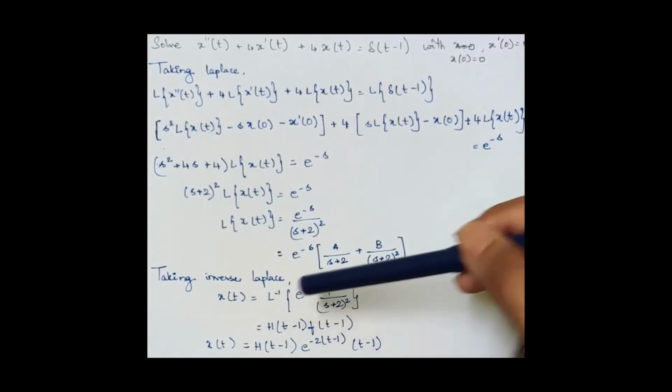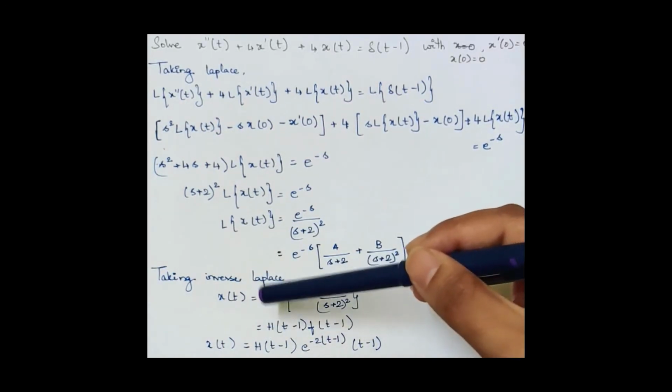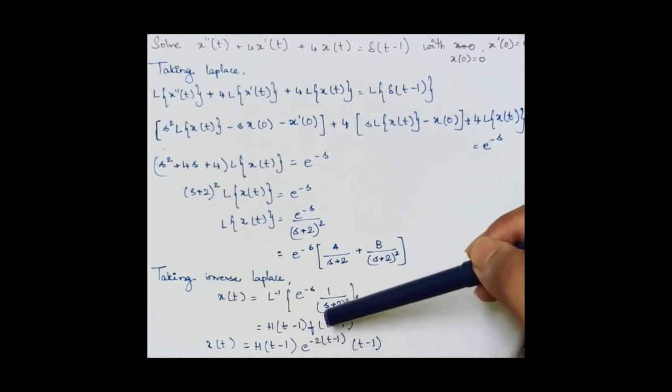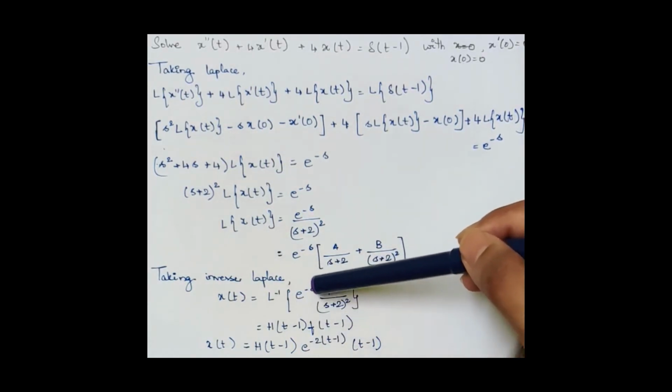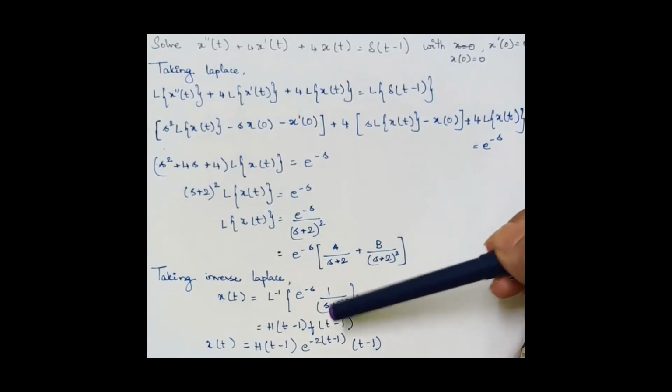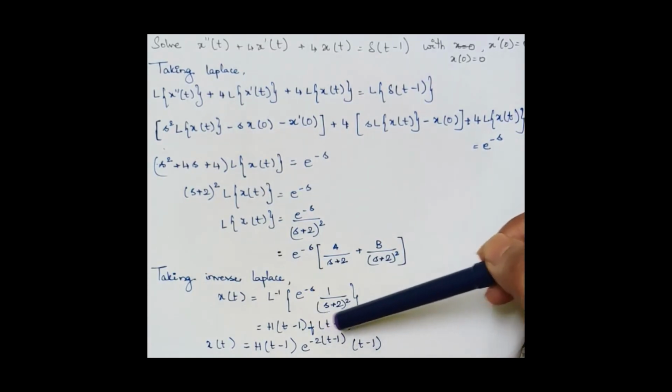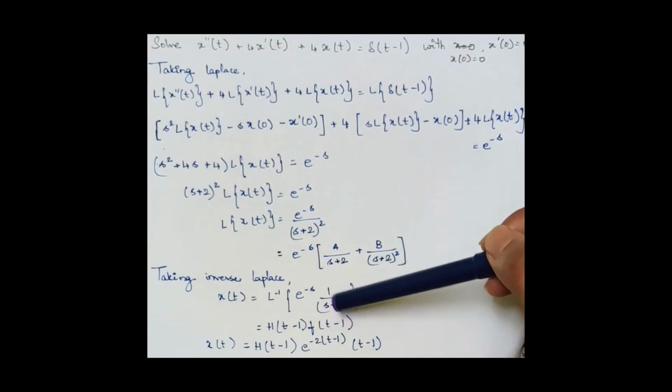So you can use u or h. So h of t minus 1 into f of t minus 1, because you have e to the power of minus s.